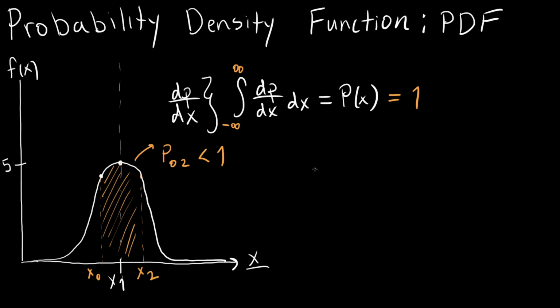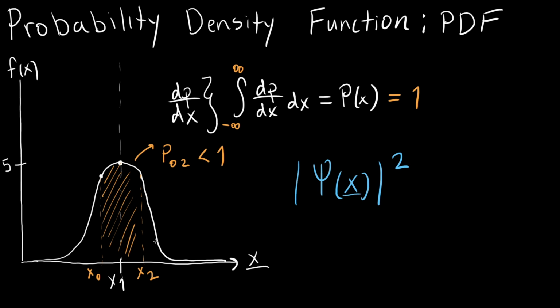Many things in nature are described by a probability density function, and one of the most famous examples is the probability wave function. So this represents the probability density of where a particle will be with respect to a position x.